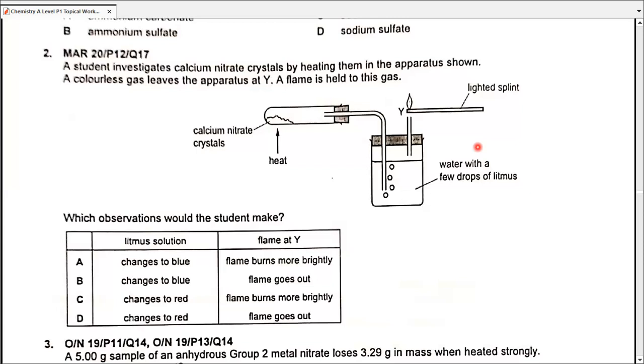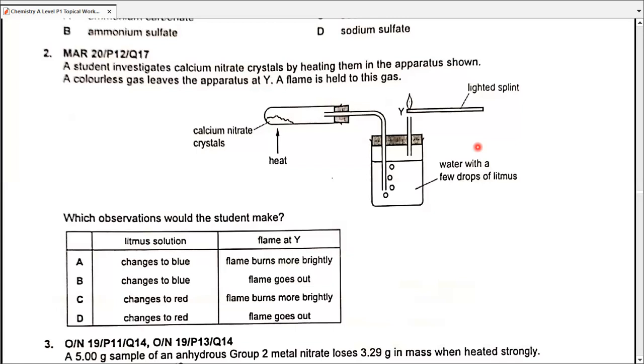You're ignoring a fact that you must think of. The mistake you're making is that you're thinking that calcium oxide would pass on to the beaker and would turn the whole solution alkaline, which would change the color of the litmus to blue.